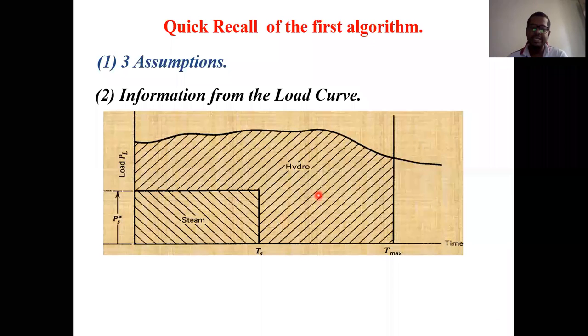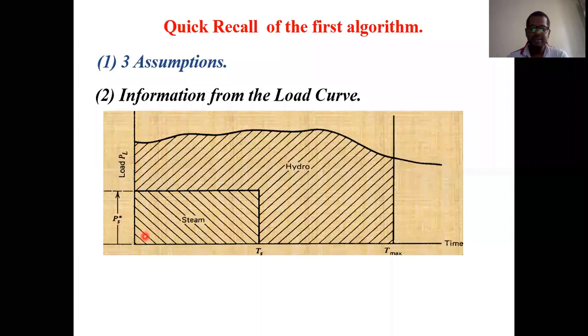One more important thing: when you observe the steam power plant characteristics, from 0 to Ts we get power from the thermal power plant, and that power is PS star, or PGT star, both are the same.